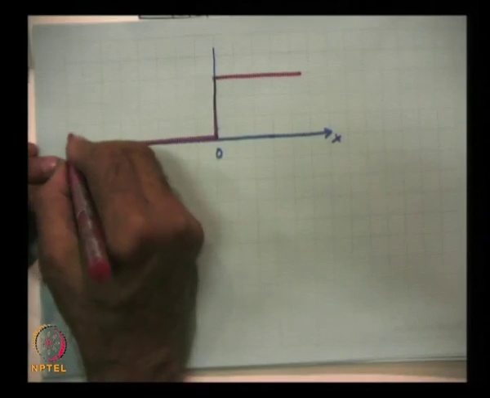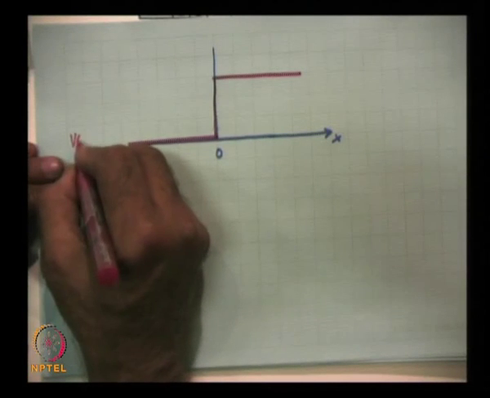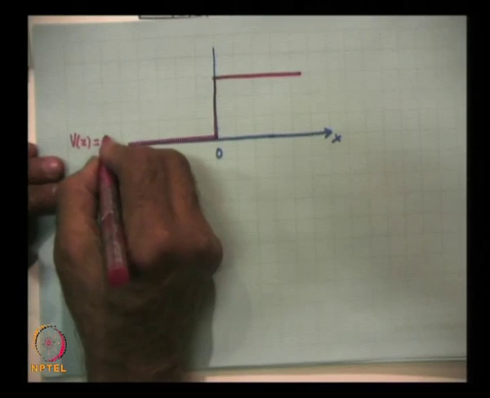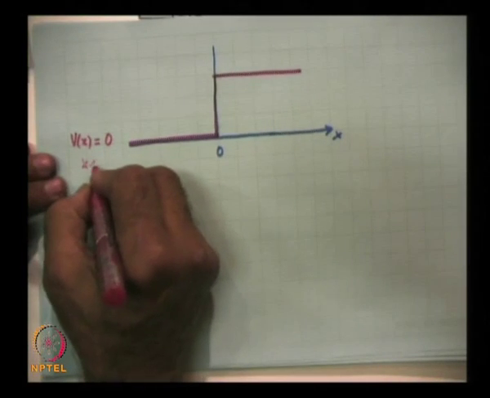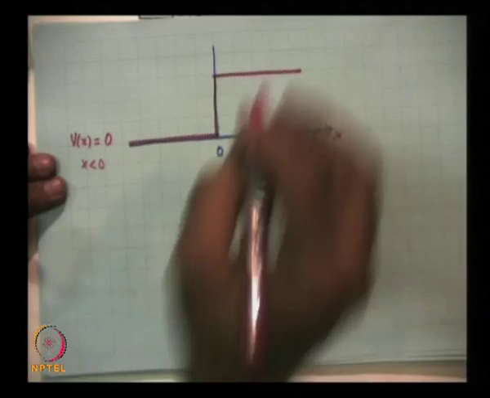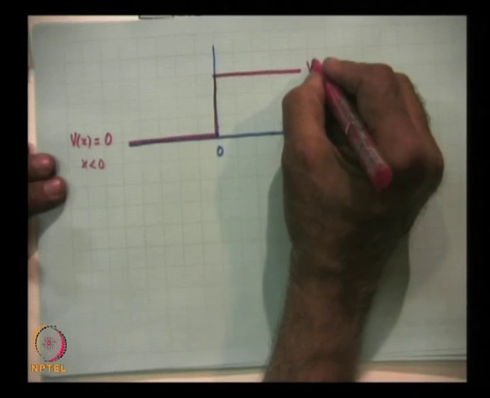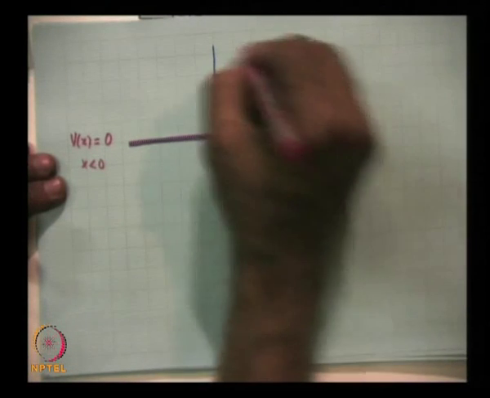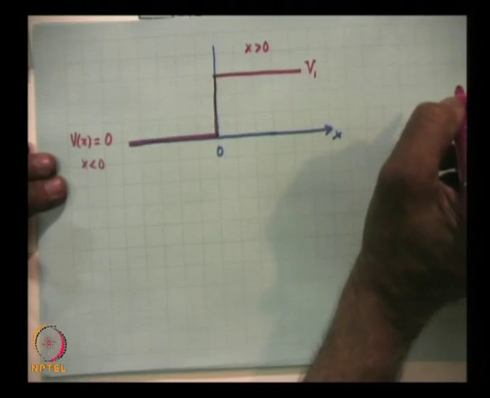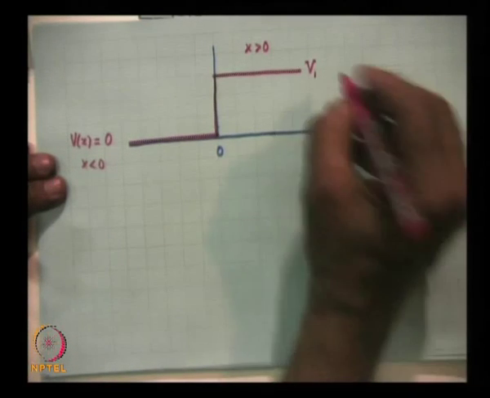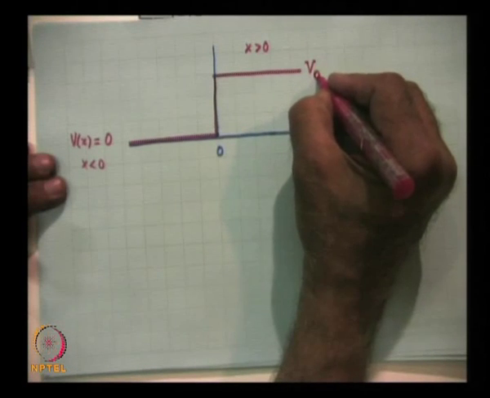So, V of x is equal to 0 for x less than 0, and V of x is, let us suppose, V0 for x greater than 0. This is the domain. Sorry, I will write this as V0.